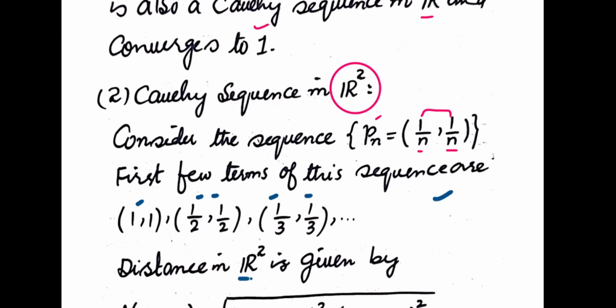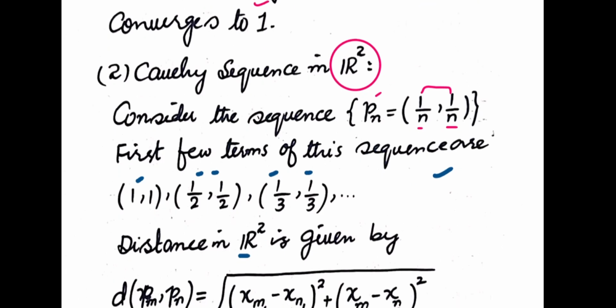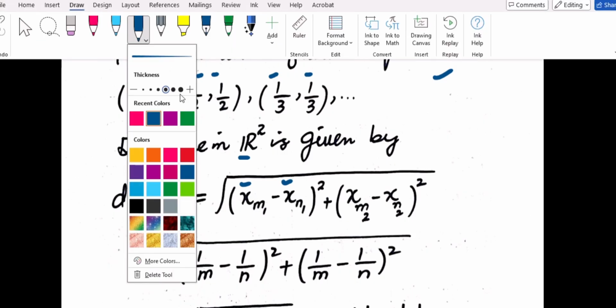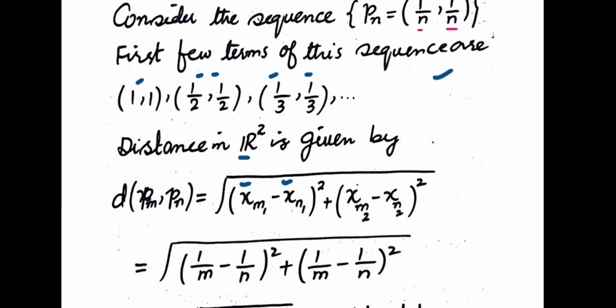Distance in R square is given by the square root of (xm1 minus xn1) squared plus (xm2 minus xn2) squared. Here xm1 is the first coordinate of pm and xm2 is the second coordinate of pm.